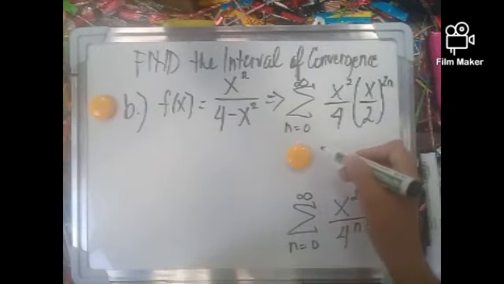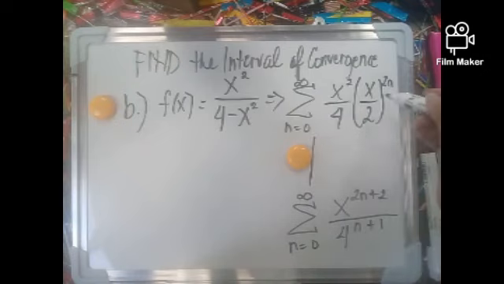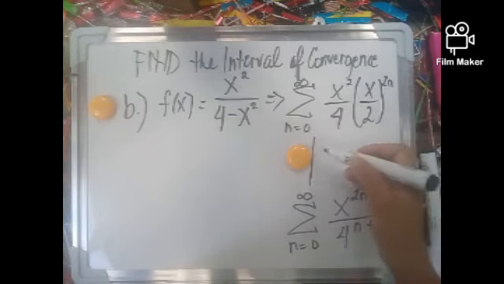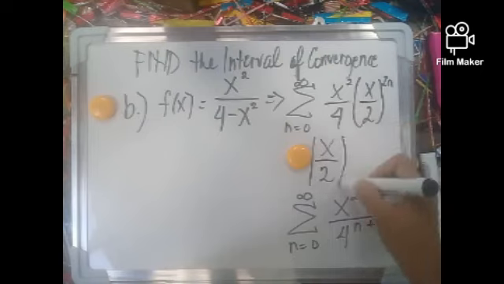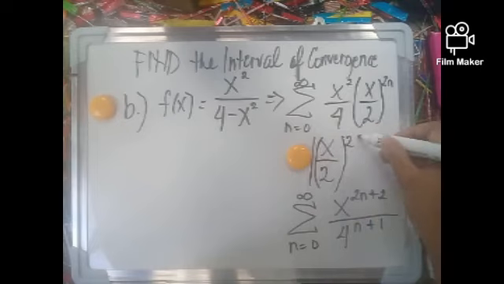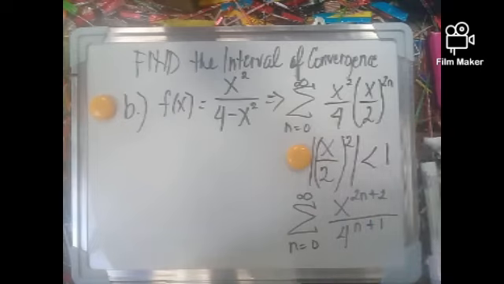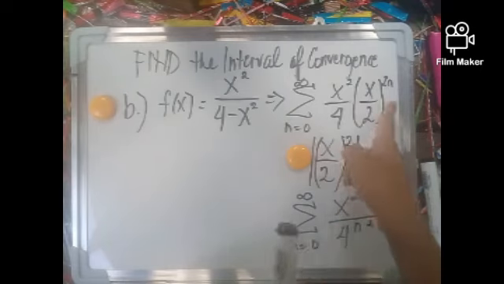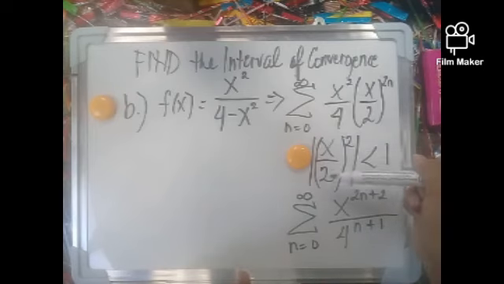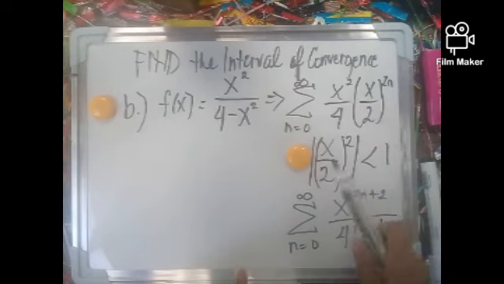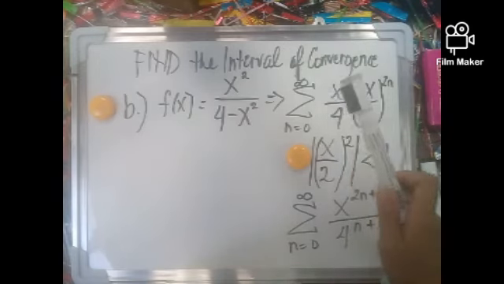in which the absolute value of x over 2 raised to 2 is less than 1 for the series to converge. So, inote lagi natin na kapag itong x over 2 raised to 2 is equal to 1, it does not converge. Kailangan lagi nating hanapin yung convergence niya.